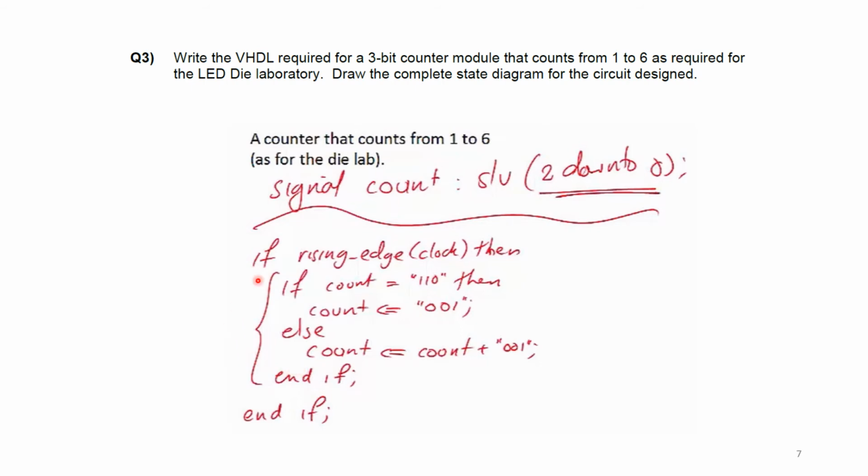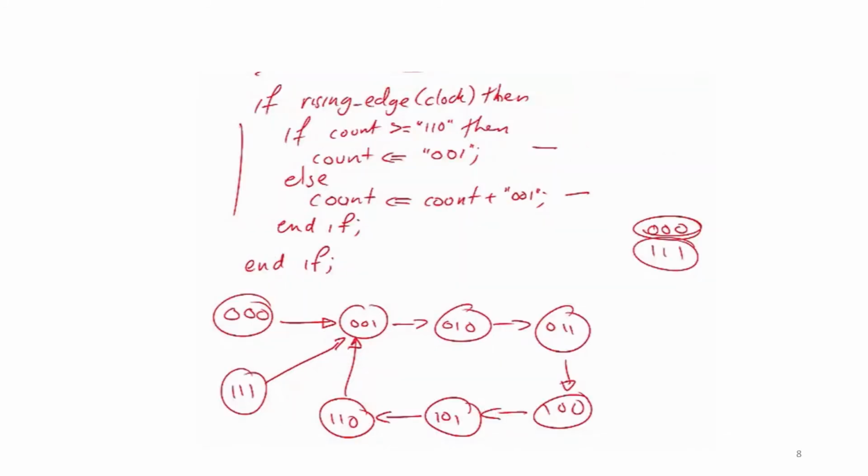If you think about a black box, that's within that black box. So we need to declare them using signal. That's why you call it signal count. Then std_logic_vector, the shortcut is SLV. As this is a 3-bit counter, it is 2 down to 0. Just look here.